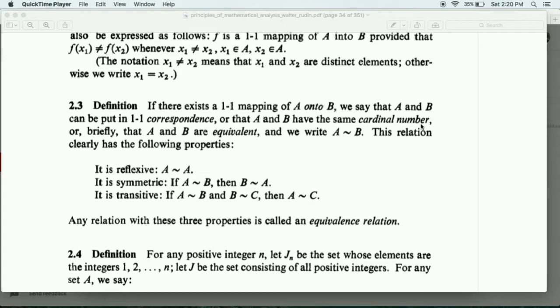However, if the set is infinite, then the notion of number of elements does not make sense. What makes sense is the notion of cardinality. We will see why these things are important.